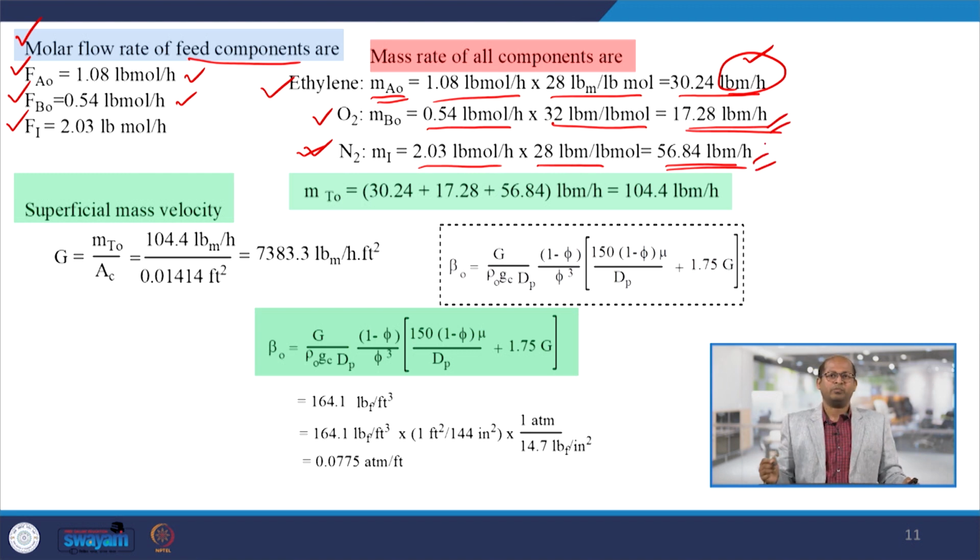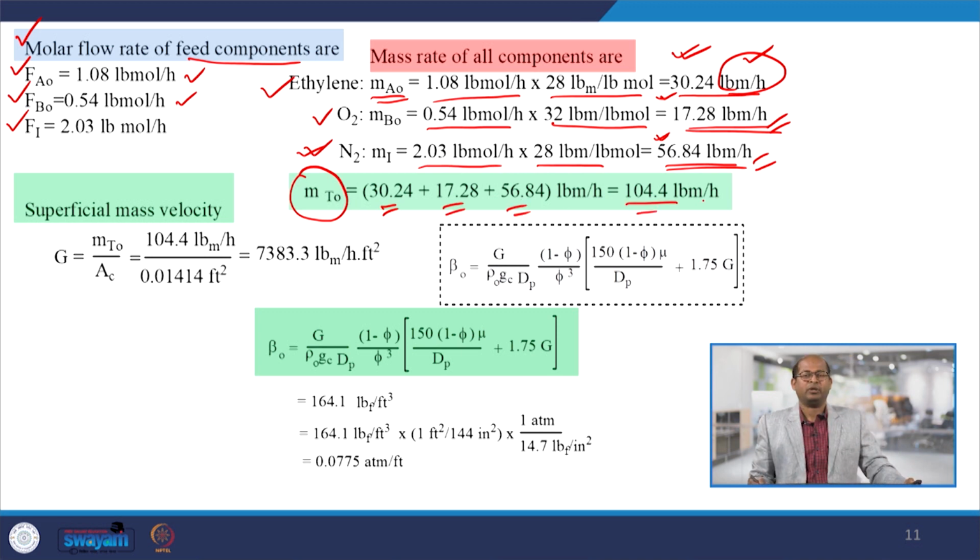Then the total mass rate, m dot T0, is obtained by summing up the mass rates of the 3 components. It gives 104.4 pound mass per hour, the feed entering the reactor at the bottom.